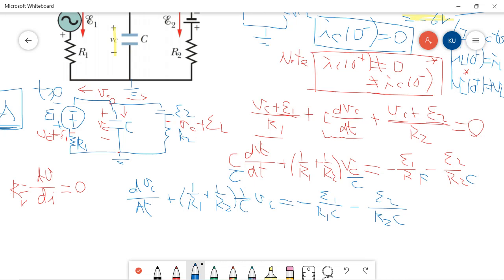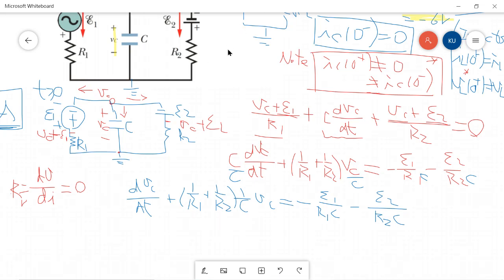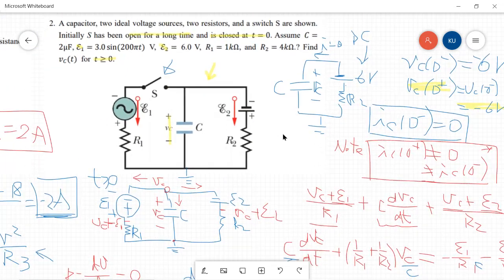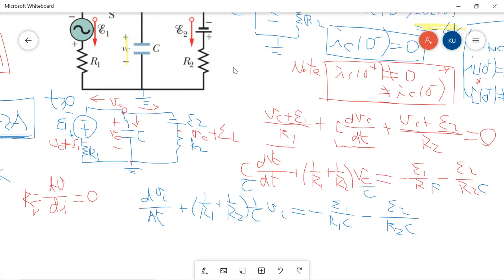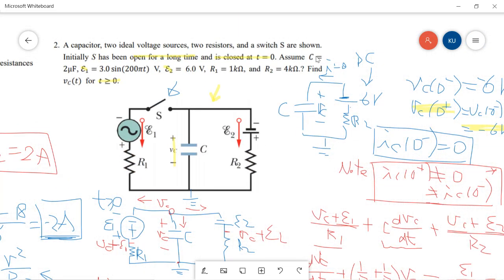So now we can substitute all the known variables into this equation. So we have C equals 2 mu, E1 is a sinusoidal function, E2 is 6, and R1, R2.